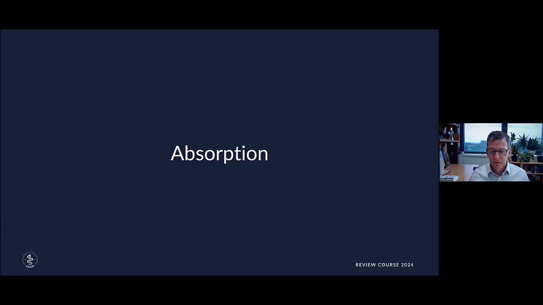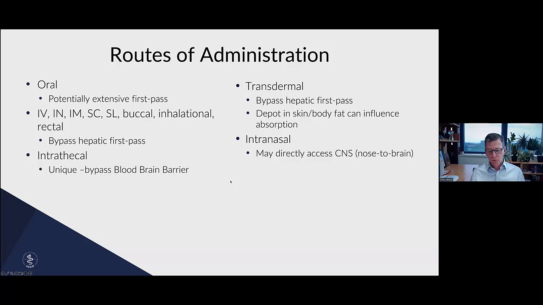I want to go through a whole bunch of these pharmacokinetic and pharmacodynamic issues as we apply them to clinical medicine, both understanding why people use substances and how we look at those patients when they come in and how we follow them and treat them. So, the route of administration.